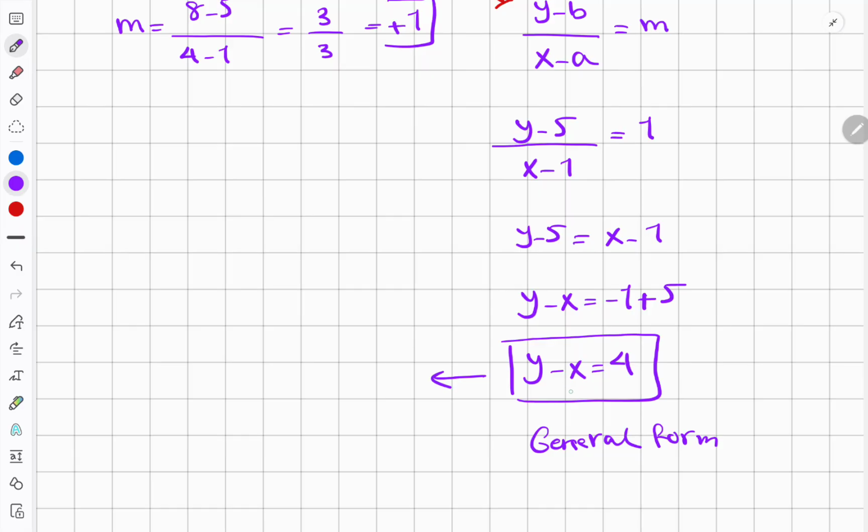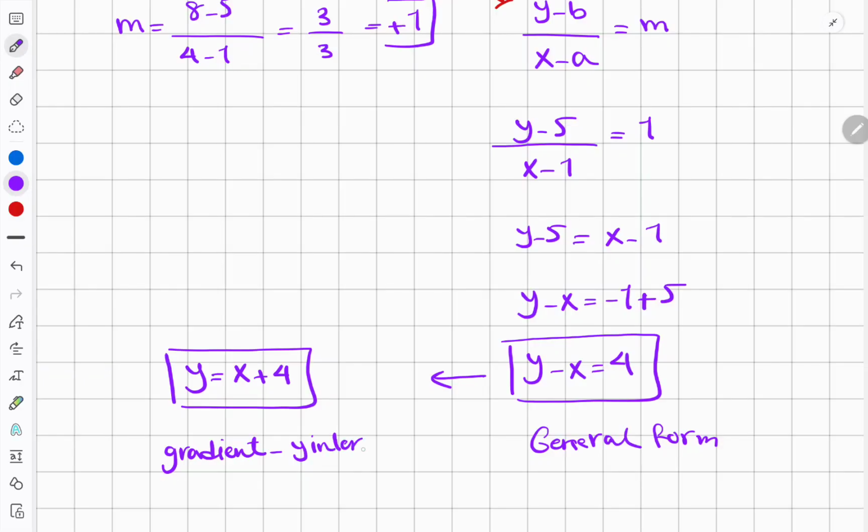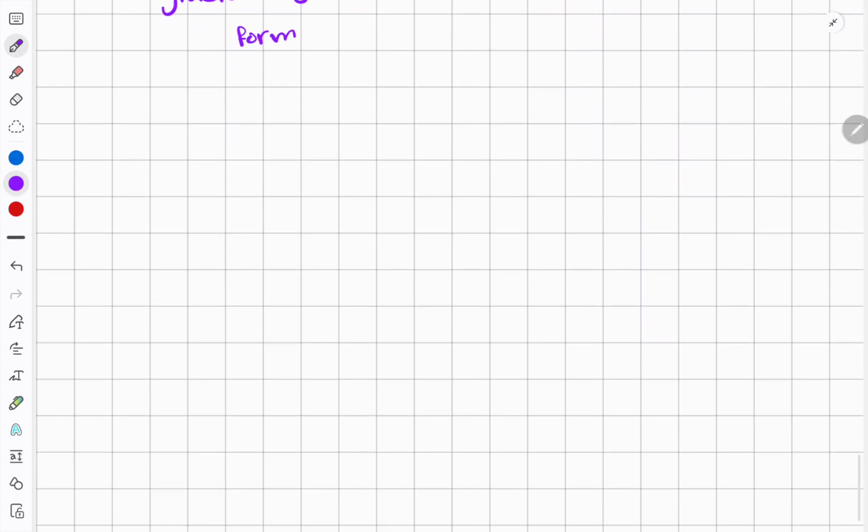Or you can bring -x to the right side of the equation, so y equals x plus 4, which is gradient and y-intercept point form. Both are correct. So far, so good.